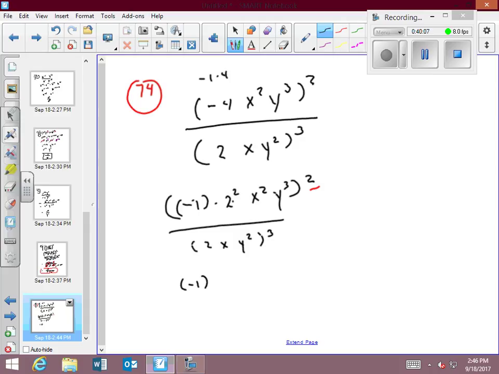Now then, I go minus 1 squared, then I've got 2 squared times 2, right? I'm putting that 2 across: x squared times 2, y cubed times 2. Now in the denominator, it's going to be that 2 to the 1 times 3, x to the 1 times 3, y squared times 3.